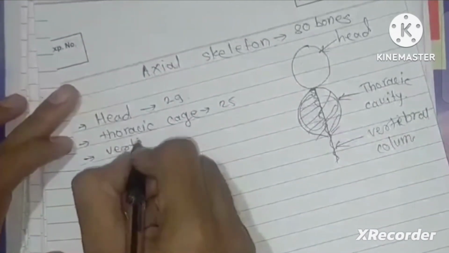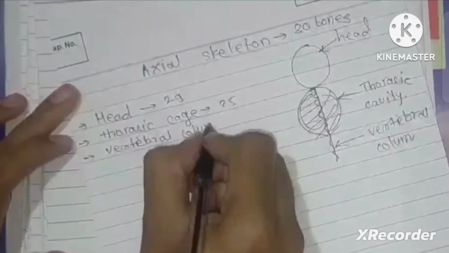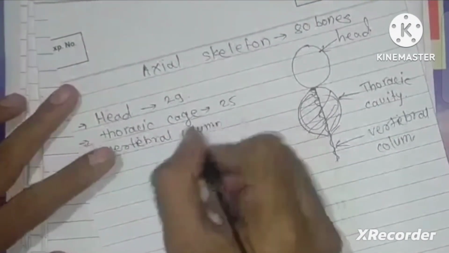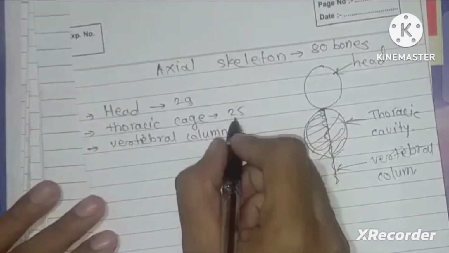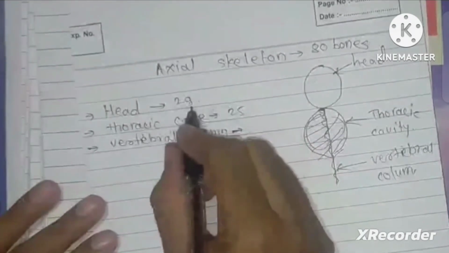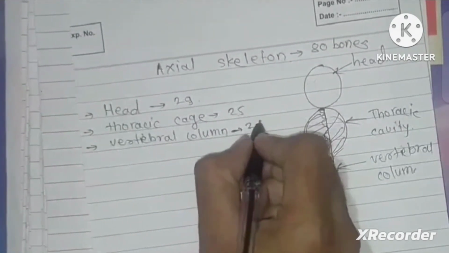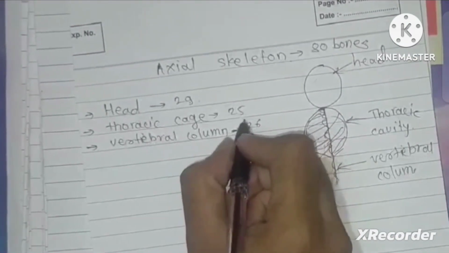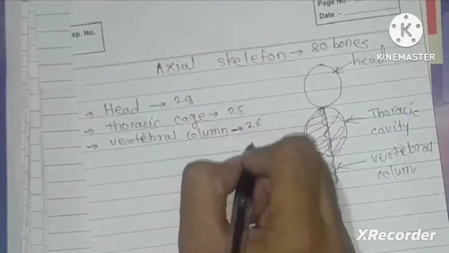Vertebral column consists of 26 bones. Thoracic cavity 25 bones. Vertebral column 26 bones.